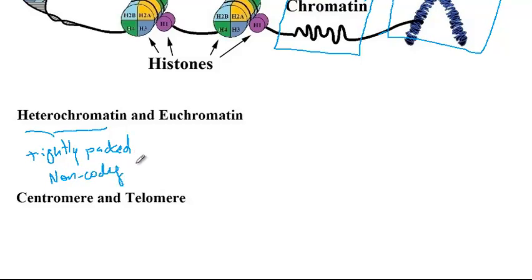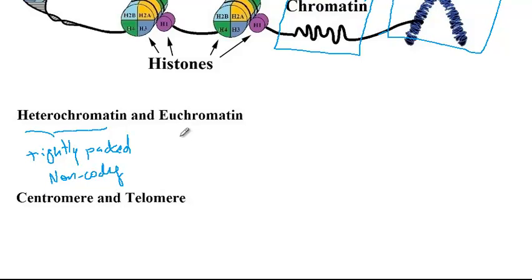Of course, it has been shown in organisms like Drosophila that their heterochromatin can have a few genes, but generally speaking, compared to euchromatin that is rich with coding DNA, heterochromatin is mainly non-coding DNA, and it's tightly packed because it doesn't have any genes really to use, so it's tightly packed.